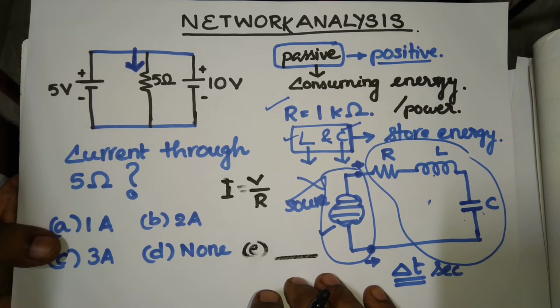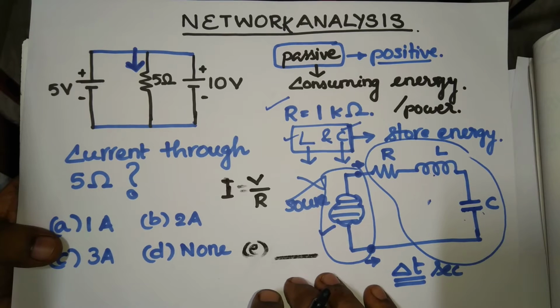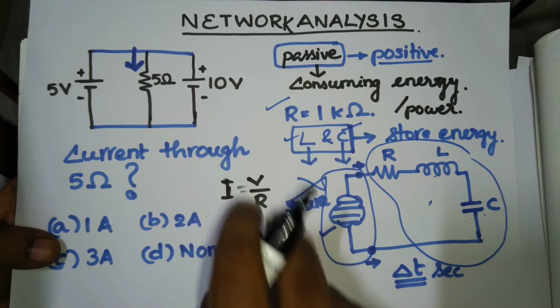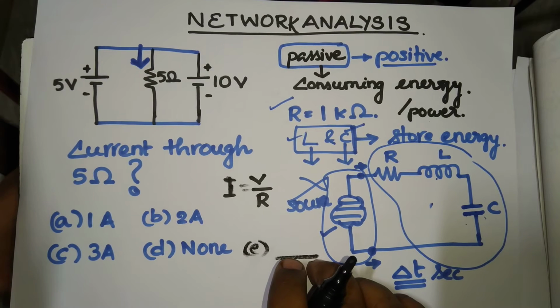Ohm's law means not only V equal to IR, V equal to L di by dt is also Ohm's law. I equal to C dV by dt, or V equal to 1 by C integration of I dt, is also Ohm's law. J equal to sigma E is also Ohm's law when you go to field theory.